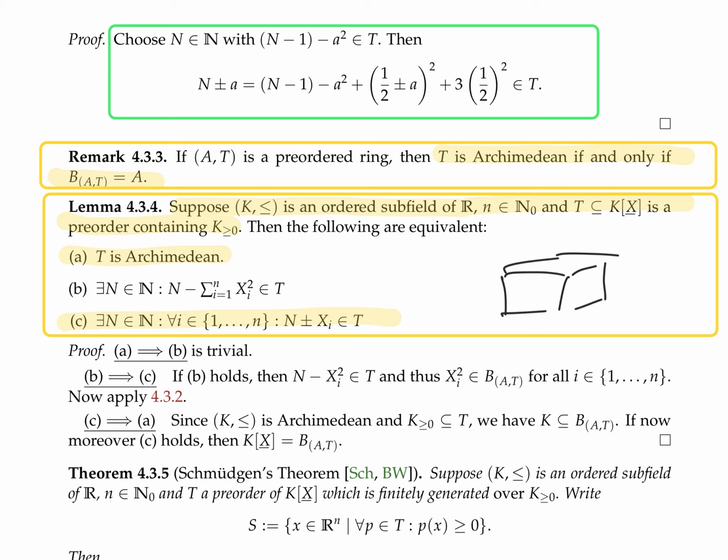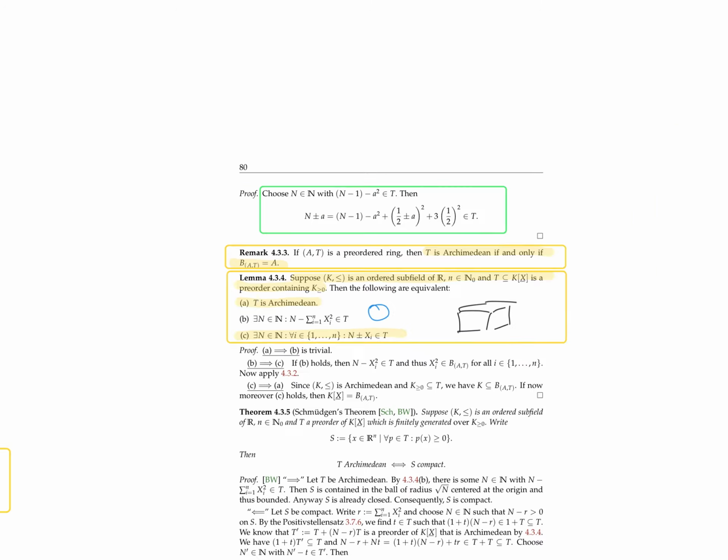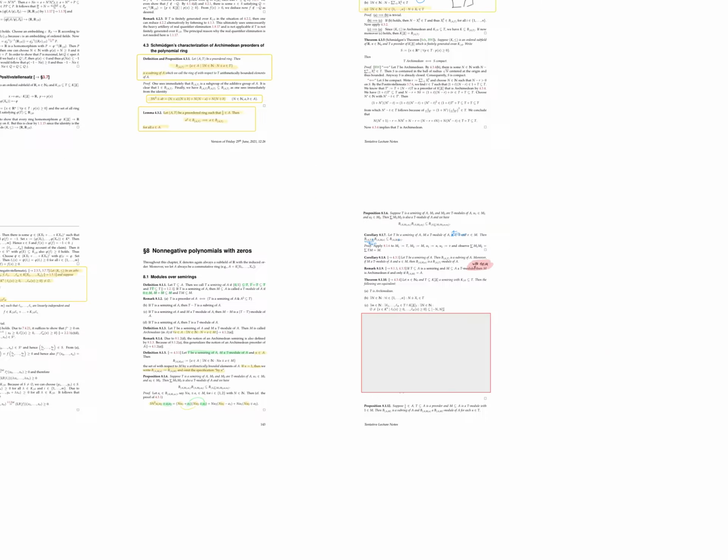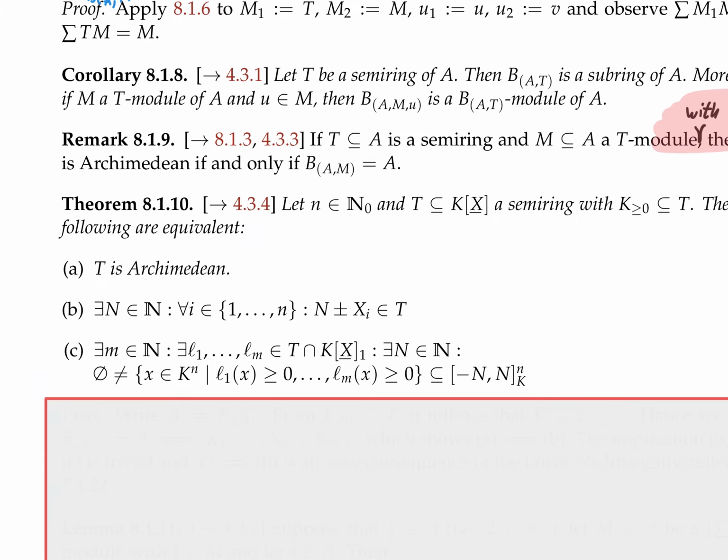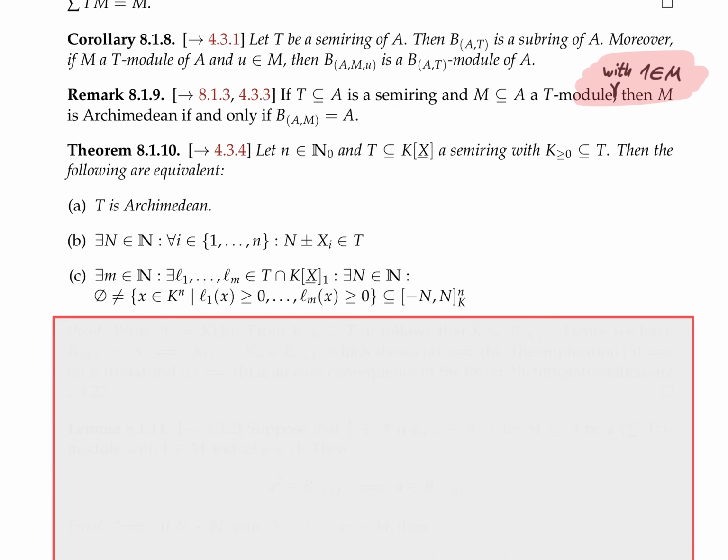and here in 434 I had the second condition which I don't have now, which takes a ball instead of a cube, a ball with radius square root of n. But here I have again this cube condition.